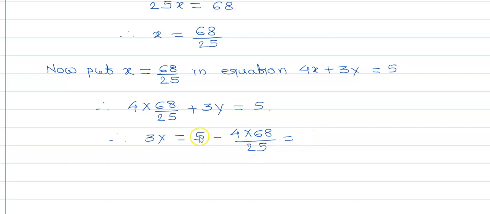this is 25 into 5, you will get 125 minus 272 upon 25.